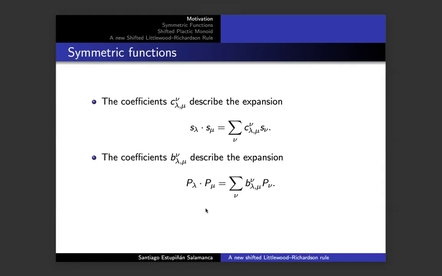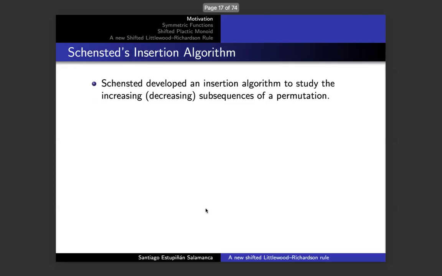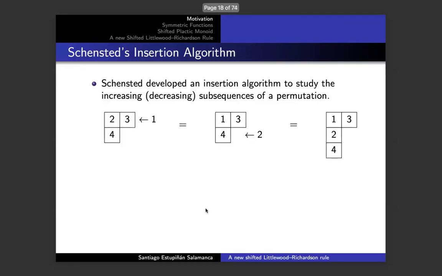So Schur symmetric functions for the Grassmannian and P-Schur symmetric functions for the orthogonal Grassmannian. But this doesn't give me a combinatorial way to describe the multiplication, so I still need a tool to compute this coefficient in practice. And for this, I need to study two insertion algorithms.